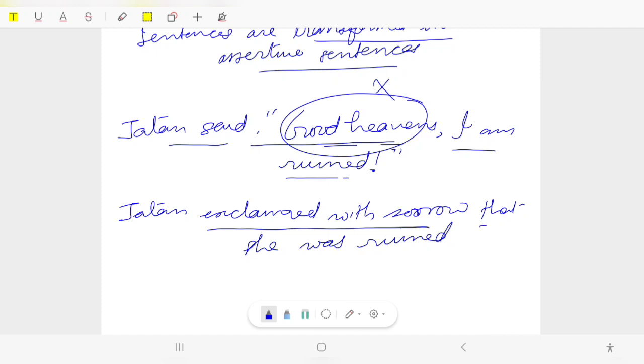So we use here that connector, then we have written that. Now see, "I am ruined" is left. "I" is first person, so it changes according to the subject. The subject is Jatan, she. Tense will be changed as we discussed earlier. So "I am ruined," because it is a simple sentence, present indefinite, will become past indefinite. She was ruined. Have a look at the next sentence.